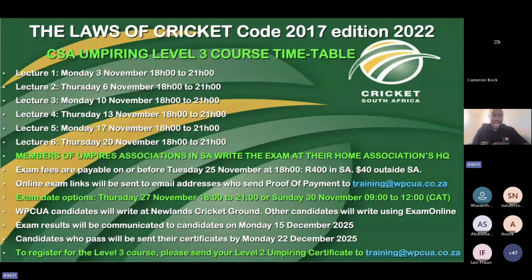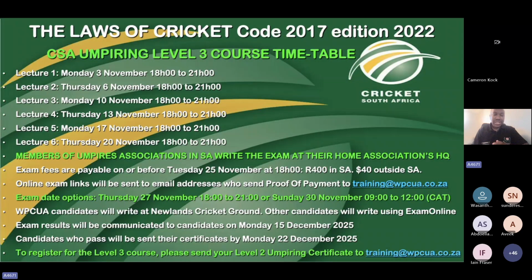If you are not a member of an umpires association in South Africa, you will write Cricket South Africa's level 3 exam, but because you do not have 2 years of umpiring experience in an umpires association in South Africa, you cannot get Cricket South Africa's level 3 certificate.